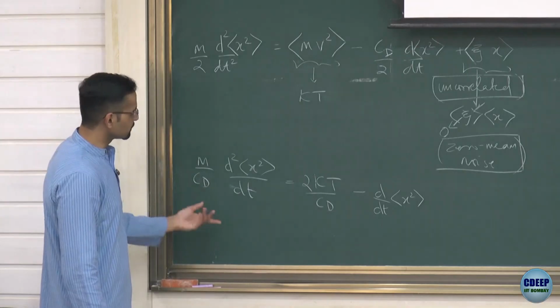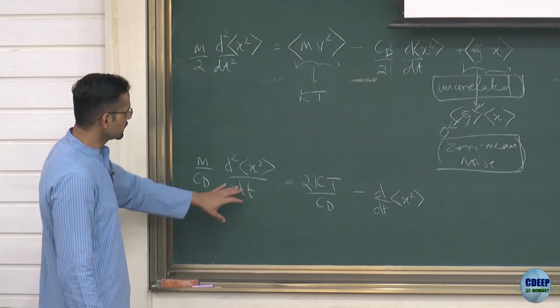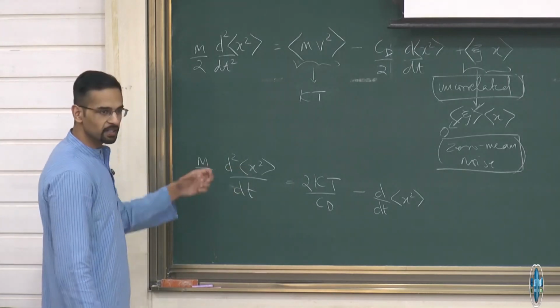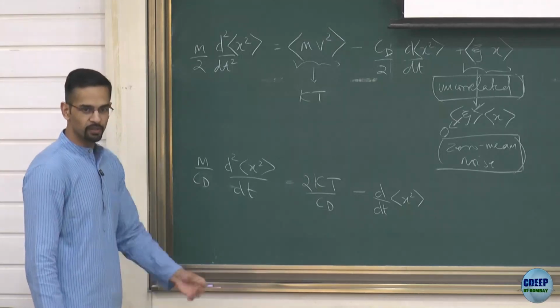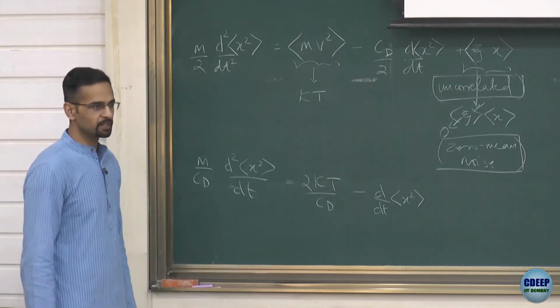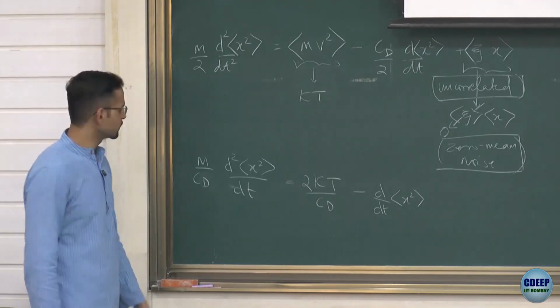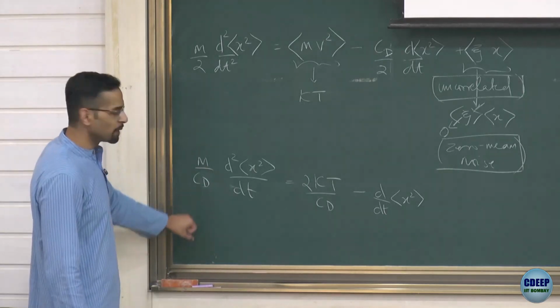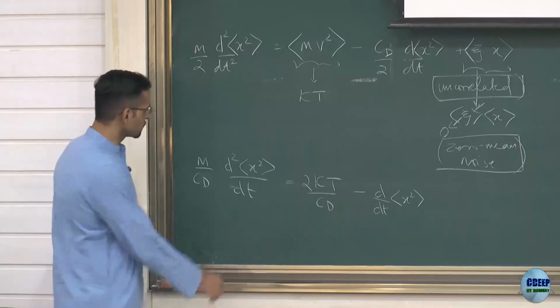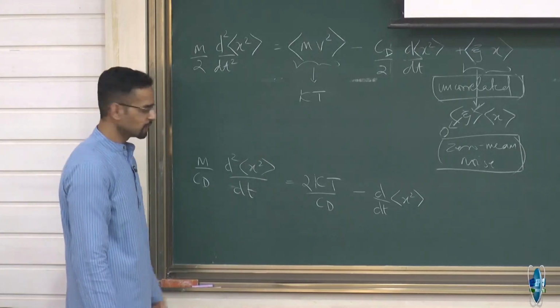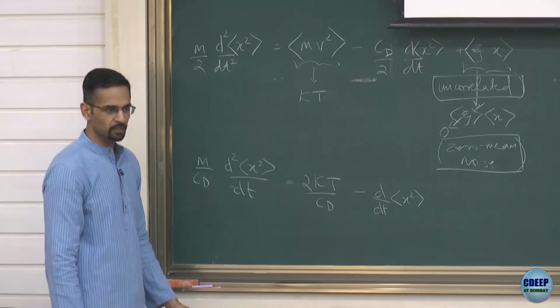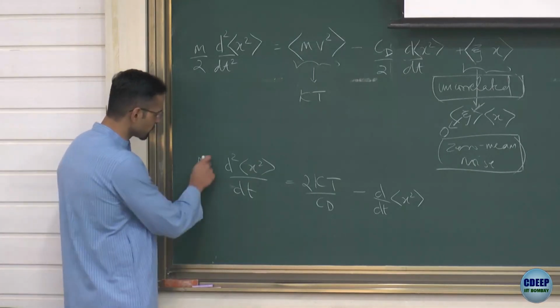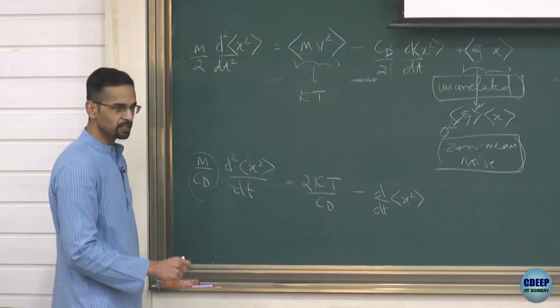But to simplify things, and which is also the physically important case, I'm usually interested in a particle which is quite small. That's only when we see Brownian motion. The more massive particles don't show this kind of behavior. So in that usual case, this m by CD is sufficiently small that I can drop this term. If I want to do it properly, you can scale the equation appropriately, but essentially in the limit where this thing is small, you have a tiny particle.